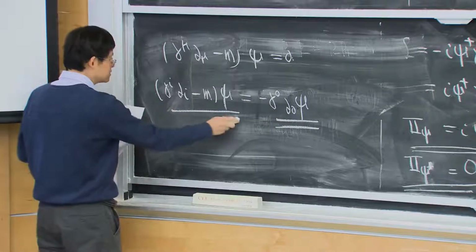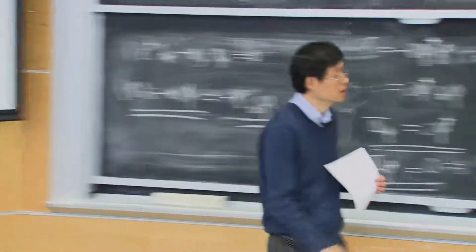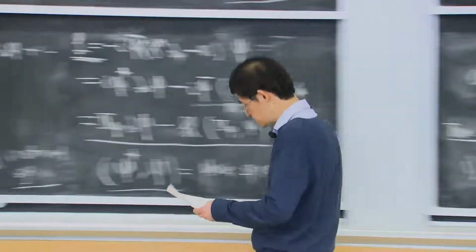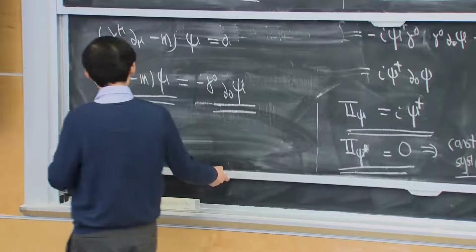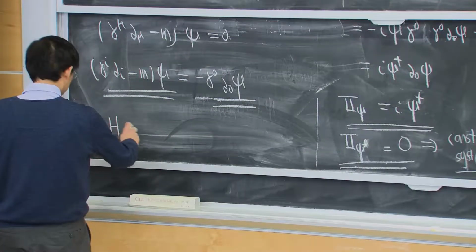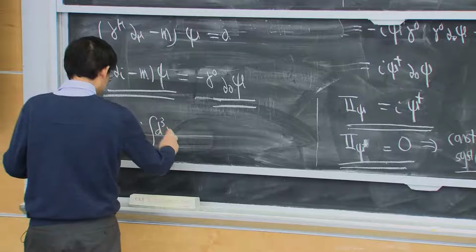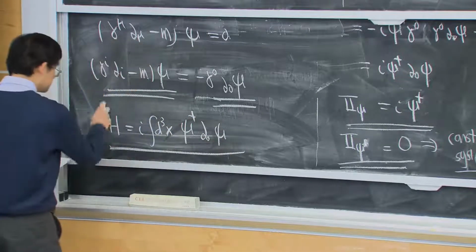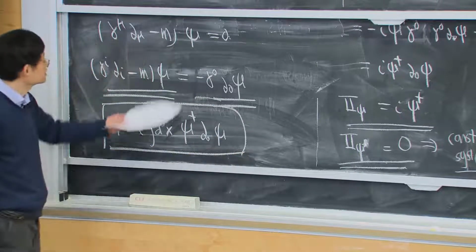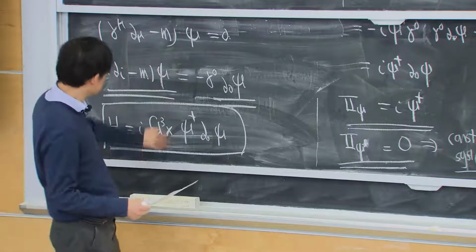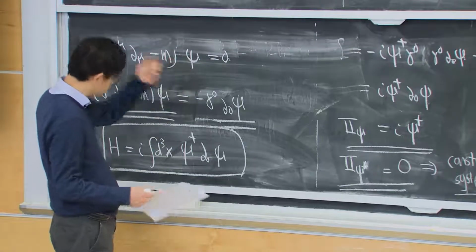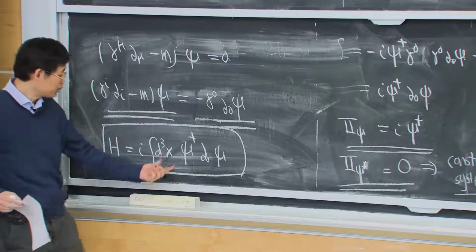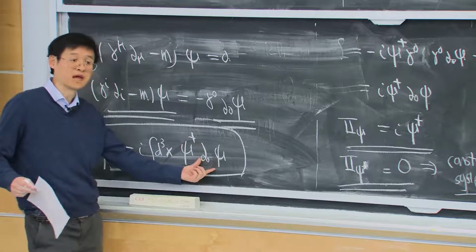Now if you plug this equation into here, you should find that H is equal to i times the integral d^3x psi dagger partial_0 psi. Because this is an operator equation and psi satisfies it, H becomes psi dagger times the time derivative of psi.